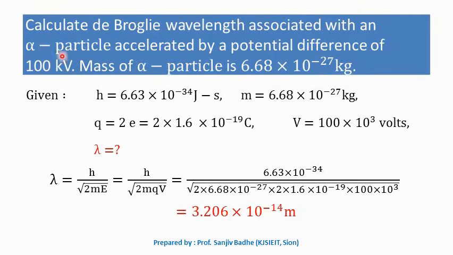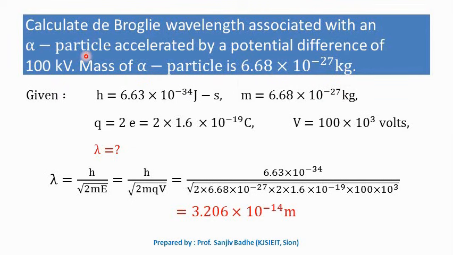This is a problem based on an alpha particle which is accelerated by a potential difference of 100 kilovolts. We are asked to find the de Broglie wavelength associated with an alpha particle accelerated by a potential difference of 100 kilovolts. Mass of the alpha particle is given as 6.68 into 10 raised to minus 27 kg.